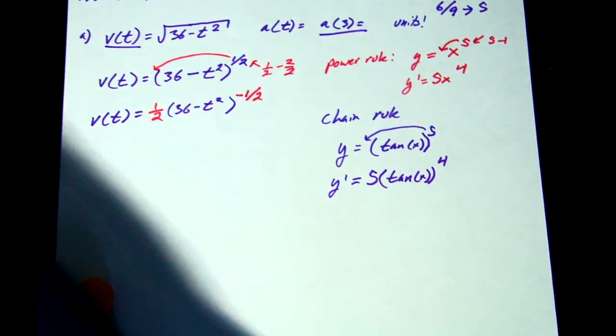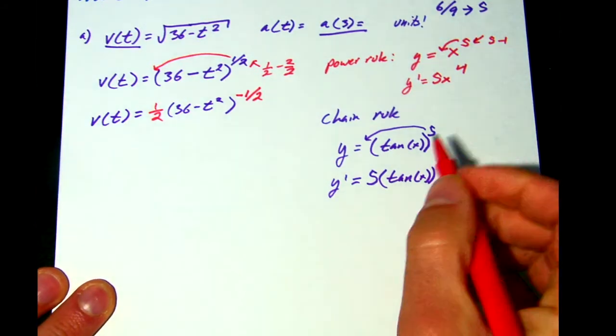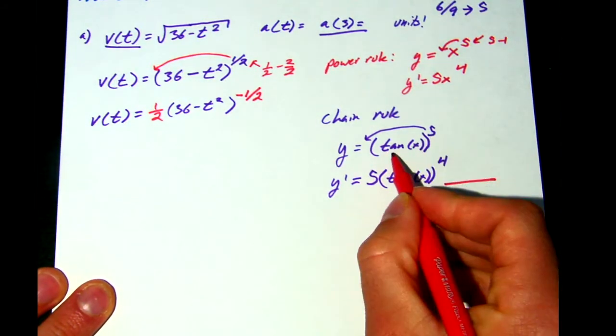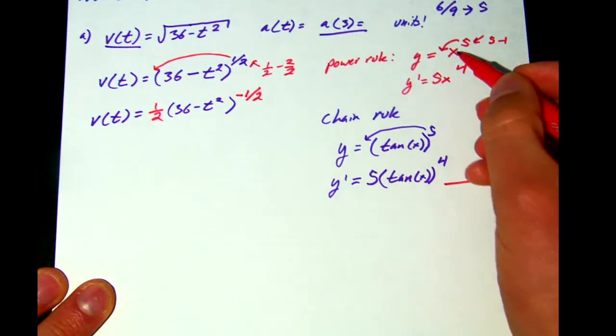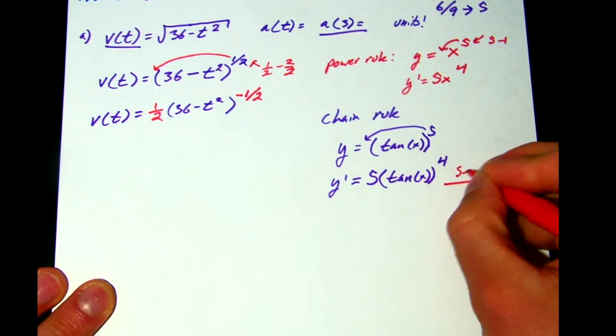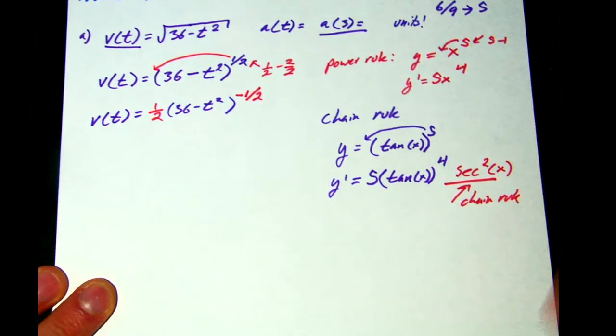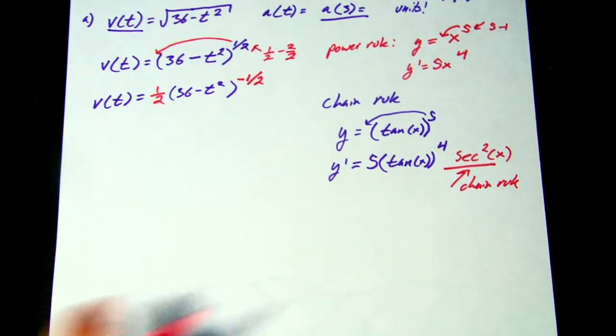But for the chain rule, I need to do the derivative of the inside function. Anytime I see one function inside of another, here tangent is inside the x to the 5th. And the derivative of tangent is secant squared of x. That's the chain rule. If you need practice with that, I linked to Khan Academy, and you can do all the chain rule practice you want.